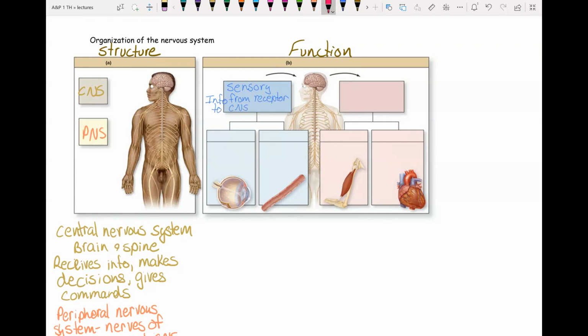The other side is motor. Motor is commands from the CNS to an effector. Effector means the body part that you're giving the command to.